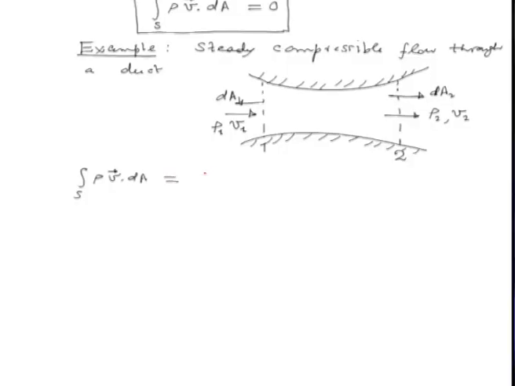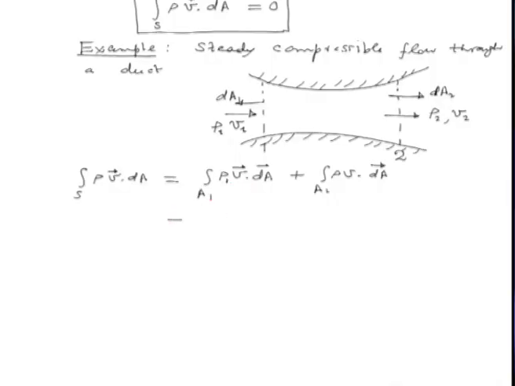So our surface integral of rho v dot dA can be expressed as the integral over area A1 of rho v dot dA plus the integral over A2 of rho v dot dA. There will not be any further contribution from the side portions because that is a solid boundary.